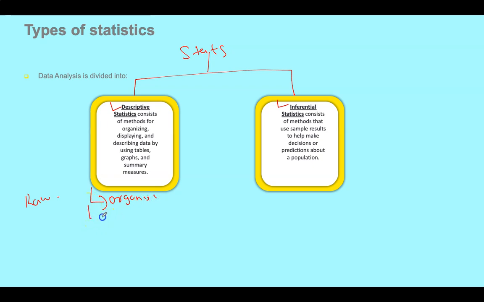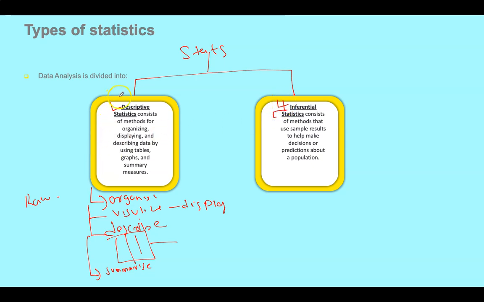It also helps us describe our data using tables, tabular form, or other graphical representations. And with certain statistical processes, we can summarize it. How we are going to summarize and define descriptive statistics in detail, I will be discussing. Then we have another method called inferential statistics.